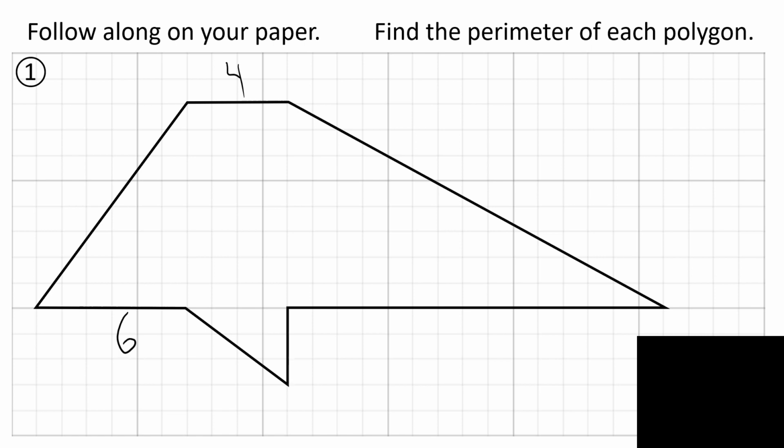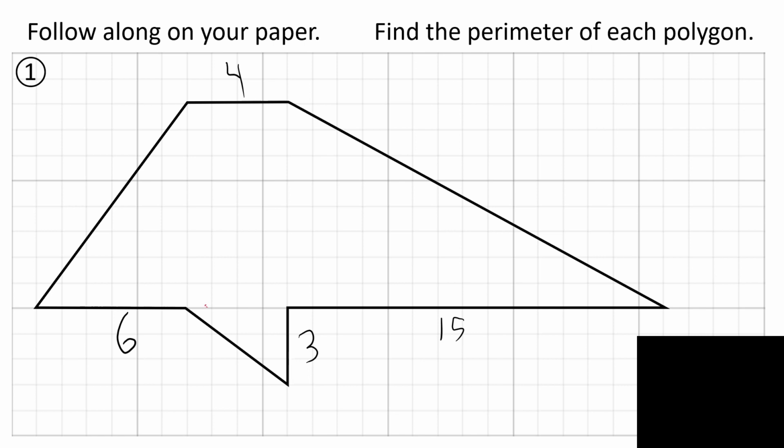Bottom left, that piece is 6 units in length. Bottom right, I've got a piece that is 15 in length. And then there's one more straight edge that's vertical that has a length of 3. Now, there are 3 diagonal sides.